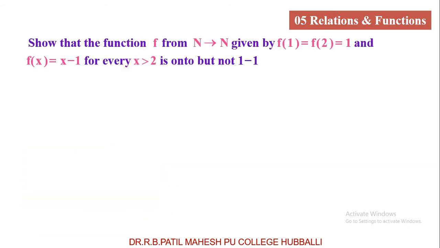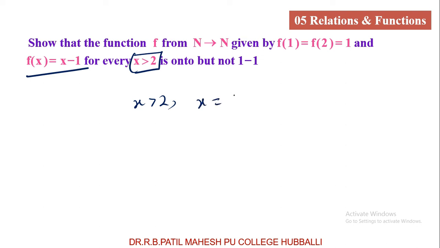Let me take a very important example. Show that the function f from N to N given by f of 1 is equal to f of 2 that is equal to 1. Means f of 1 and f of 2 both are equal to the same element, that is 1. And f of x is x minus 1 only when x is greater than 2. X is greater than 2 means what are the x values?